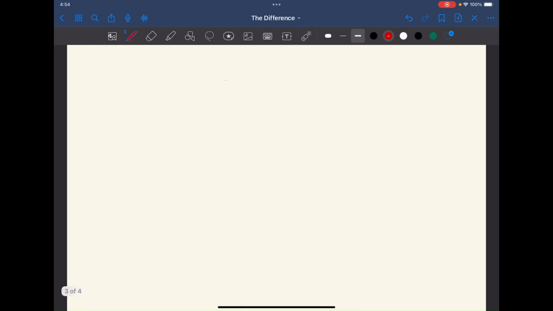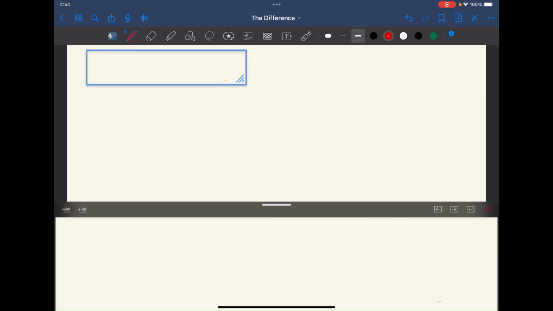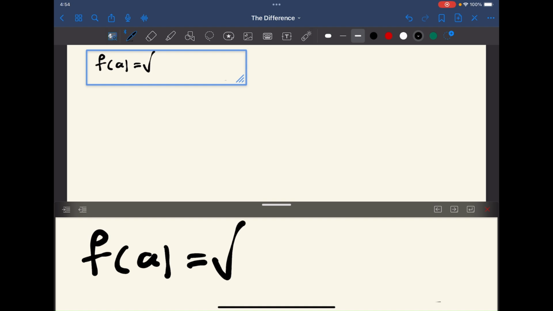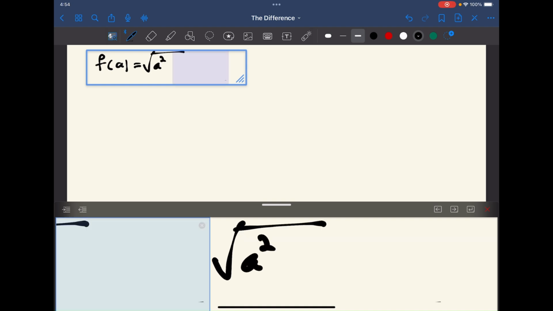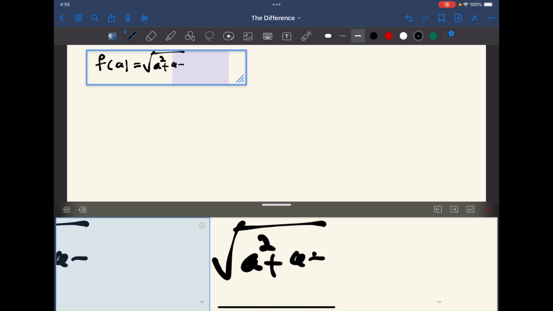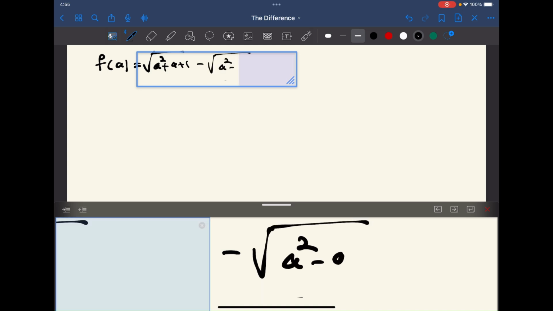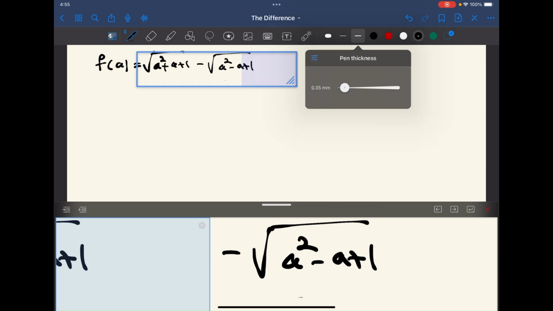So let me actually simplify. Let me just introduce a notation that will simplify the whole argument. Let me write f of a equal to root of a squared plus a plus 1 minus root of a squared minus a plus 1.